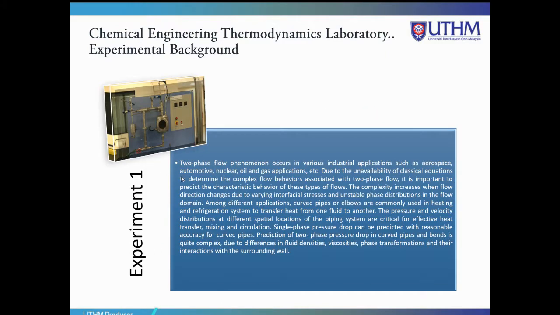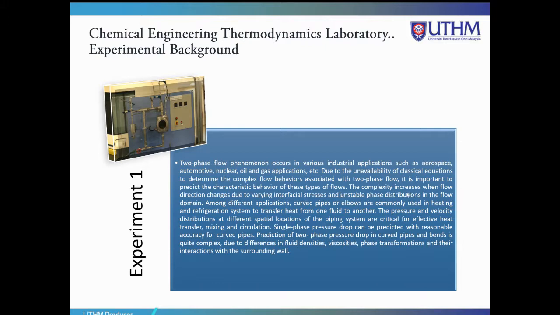In this experiment, we will dive deep into the two-phase flow phenomenon that occurs in various industrial applications such as aerospace, automotive, nuclear, and oil and gas applications. Due to the unavailability of classical equations to determine the complex flow behavior associated with two-phase flow, it is important to predict the characteristic behavior of this type of flow.